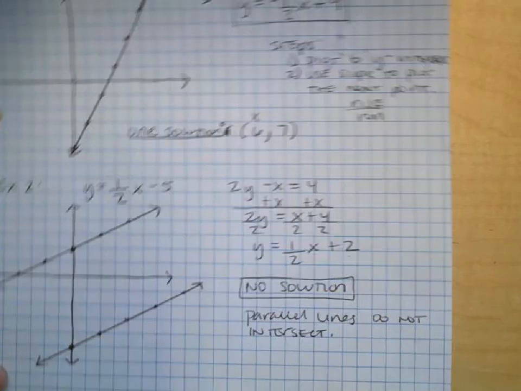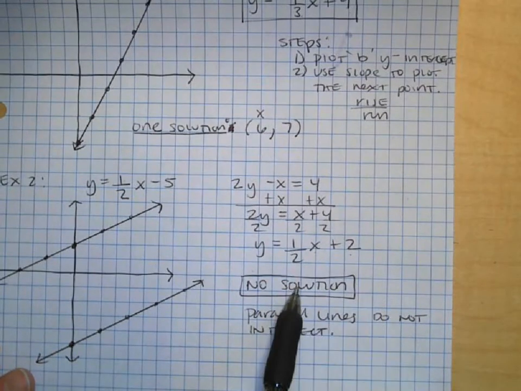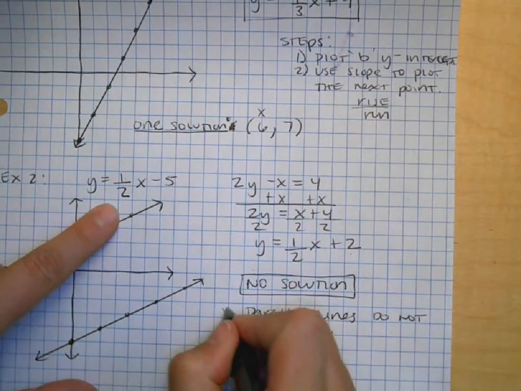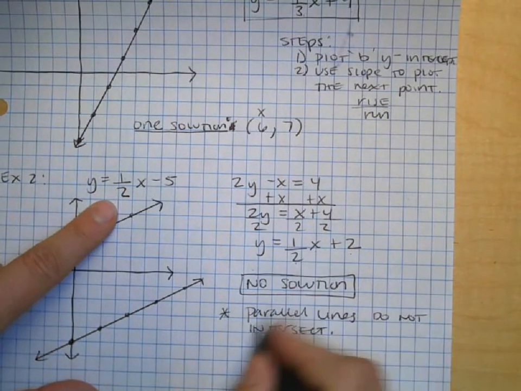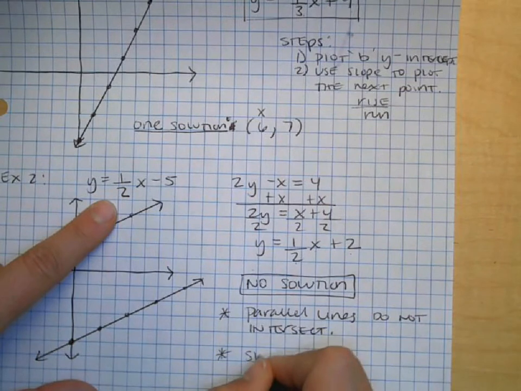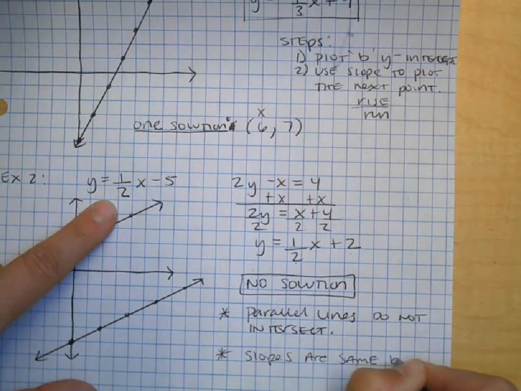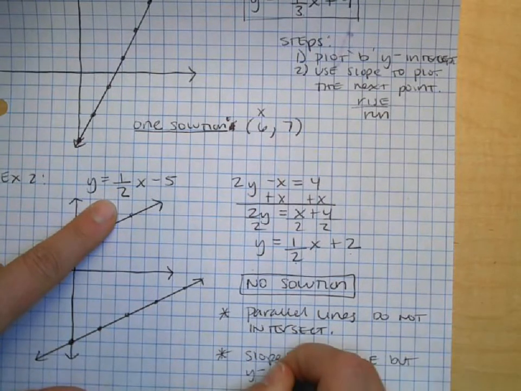And then to recap on example number 2, if we have no solutions, that means that we're going to have parallel lines. And if you guys actually look at this, our slopes are the same. So slopes are the same, but y-intercepts are different.